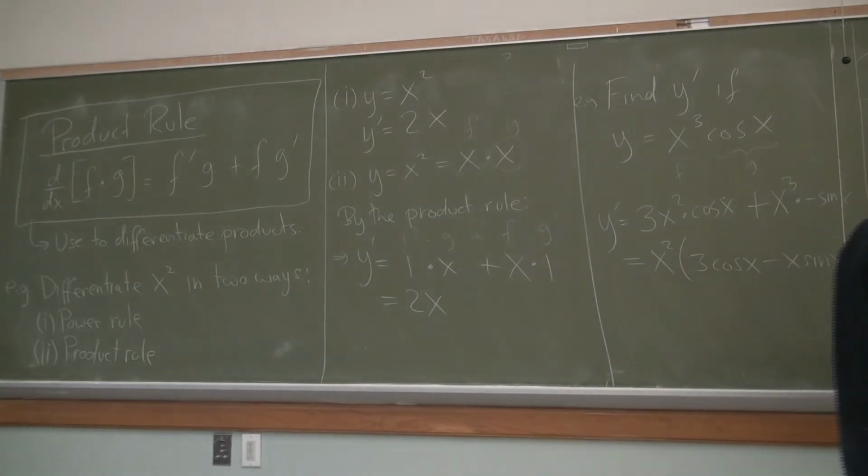There will be cases where your derivative can be simplified, and factoring is going to be a way that you figure out it can be simplified. So always get into the habit of factoring your answers. Yes, in this case, it's simplified. If I say find y prime and simplify.